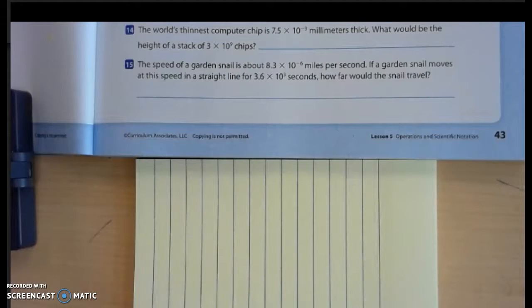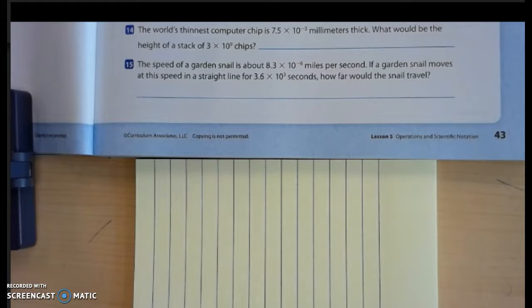At the bottom of the page, number 14 and 15 are examples. Number 14 says that the world's thinnest computer chip is 7.5 times 10 to the -3 millimeters thick. What would be the height of a stack of 3 times 10 to the 9 chips? They're giving you a thickness, and then a number of chips that they're going to stack up.